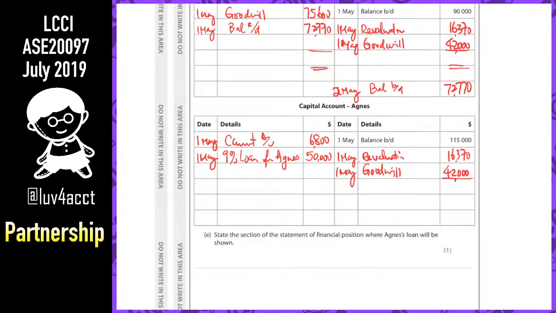How about the final settlement paid by check? It will be equal to 116,570. Let me check again.